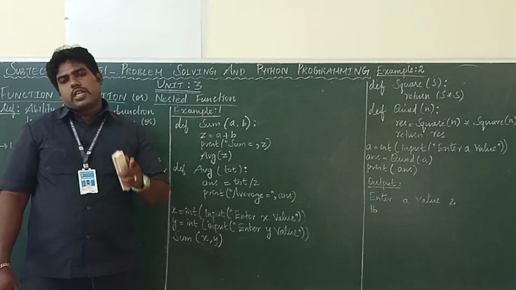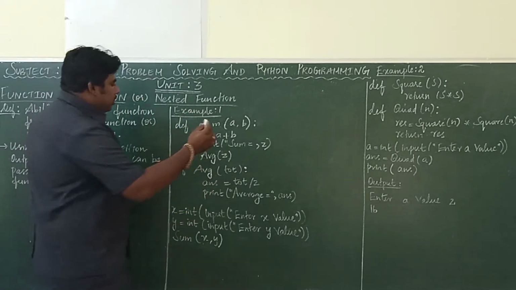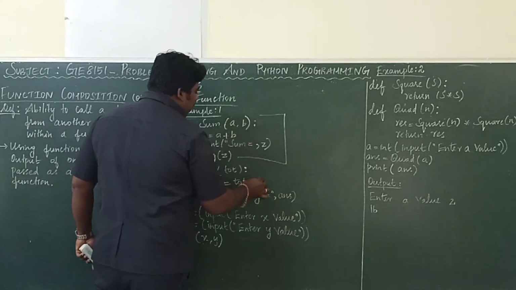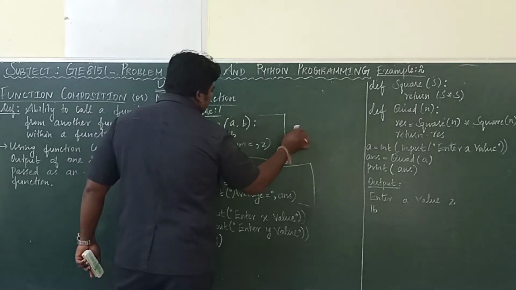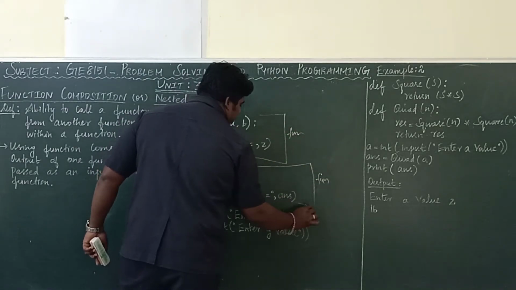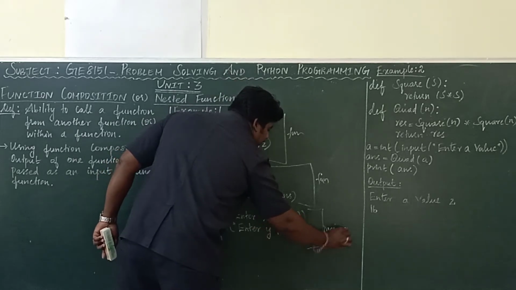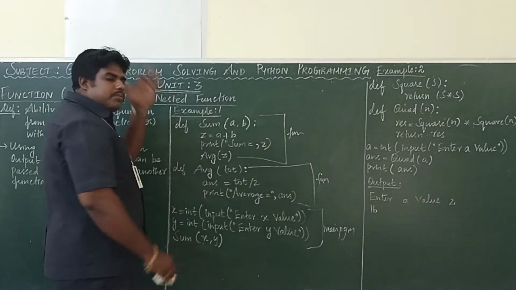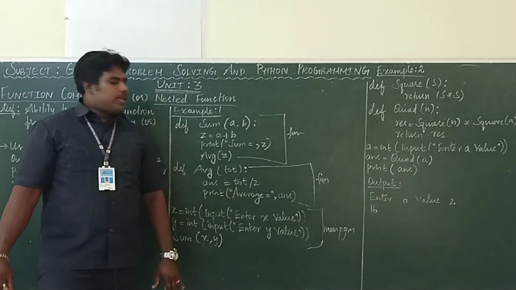For nested function, how many functions are required? Two functions. See here, this is one function and this is the other function. And what about this? This is the main program. If you use the function concept, your program is mainly divided into function program and main program.